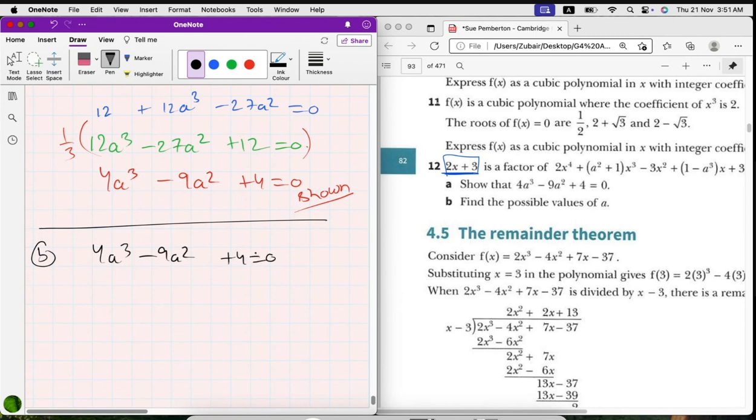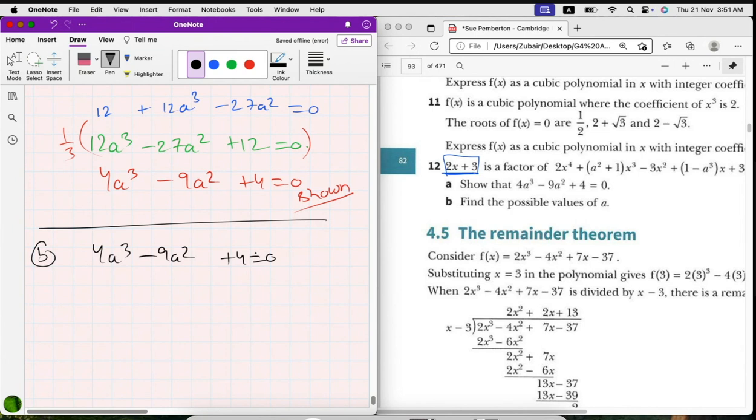I'm using my calculator and going for hit and trial. This is not an option. So I would substitute such a number that I should get 0. I'm trying 4 times 1 cube minus 9 times 1 squared plus 4.